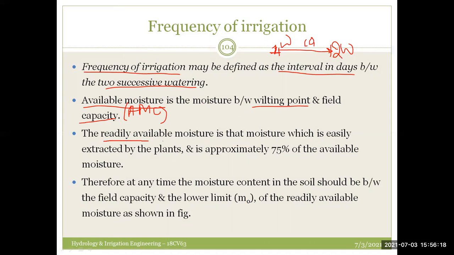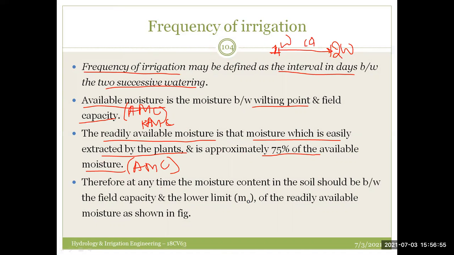And also we have readily available moisture content, RAMC, which is the moisture that is easily extracted by plants. This RAMC will be equal to 75% of AMC.